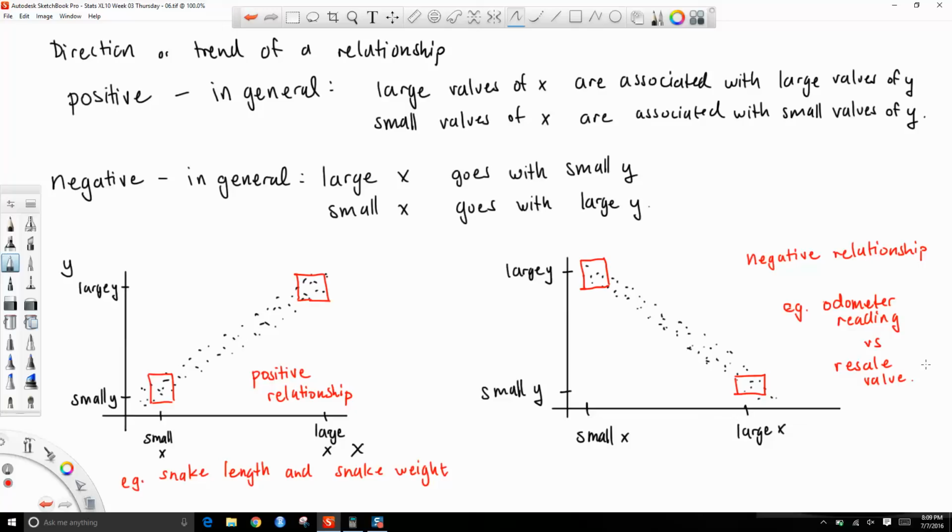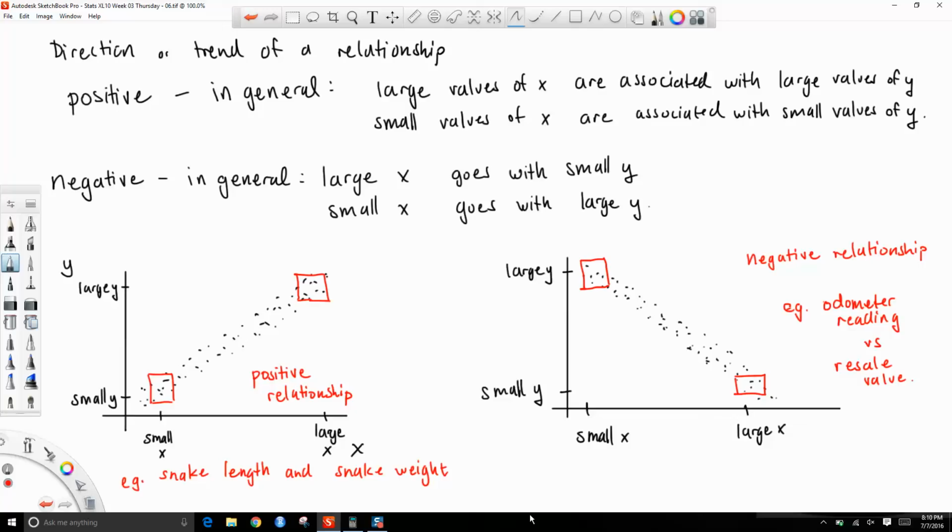Okay, and this will be especially true if you just picked one particular model of vehicle. So if you just said, I'm in the market, I want to buy a used Honda Civic or whatever, and you are looking around, in general you will find that vehicles with high odometer readings will have lower resale values, and vehicles with low odometer readings will have higher resale values.